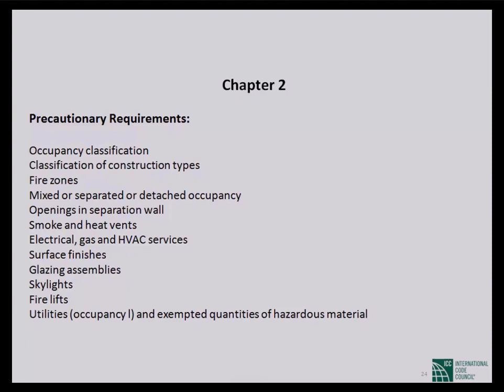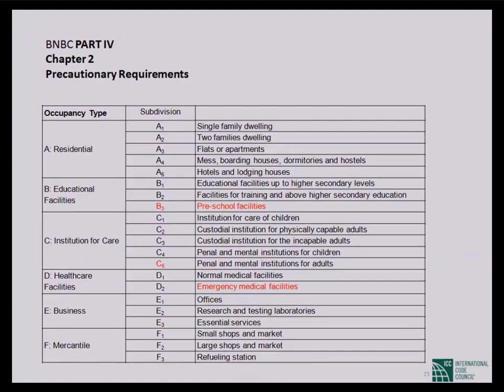You already have some idea, which you saw in part 3. Whenever you have to give fire separation, firefighting, anything, it depends on what is the use of this building. What is the use means who will occupy the building and what will be done in the building.